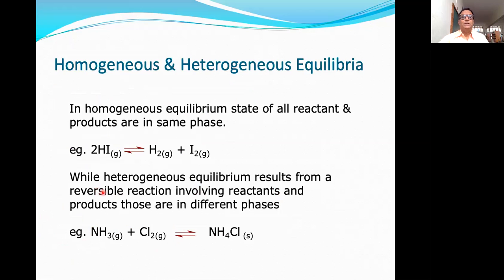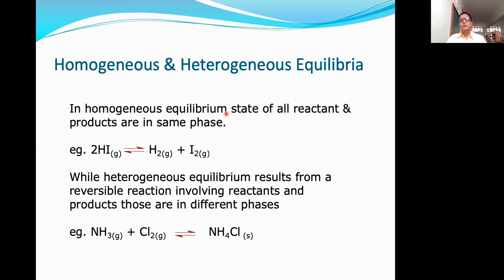Now we'll discuss homogeneous and heterogeneous equilibrium. In homogeneous equilibrium, all reactants and products are in the same phase.